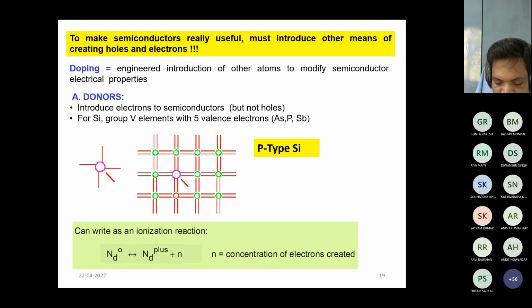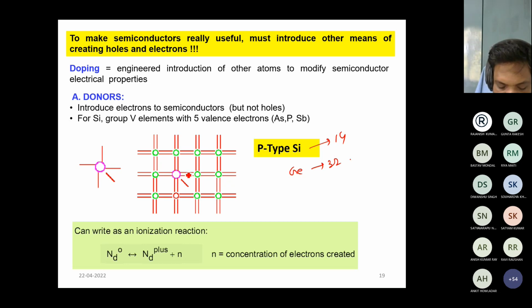It forms a covalent bond, and that's why there is no free electron in a semiconductor like silicon as well as germanium. What is the atomic number of silicon? 14. Good. And germanium? 32. Okay. For both of these, the outer valence electrons are 4, which form covalent bonds.